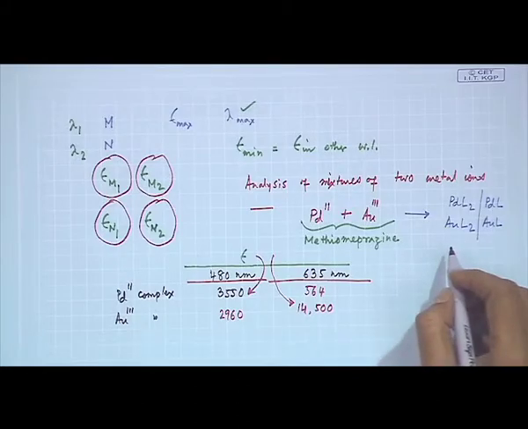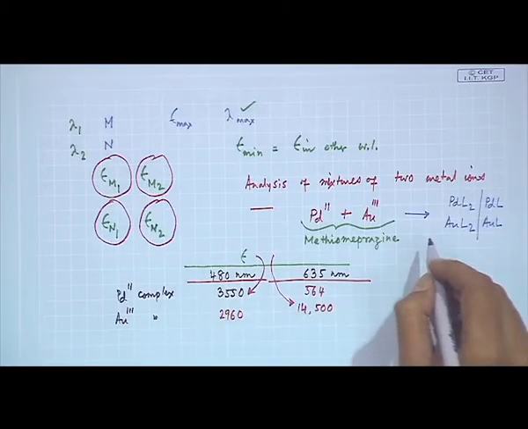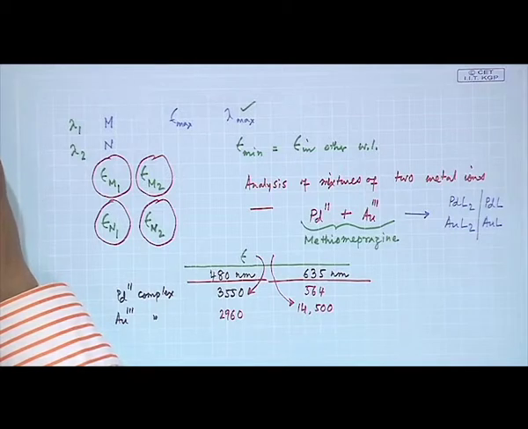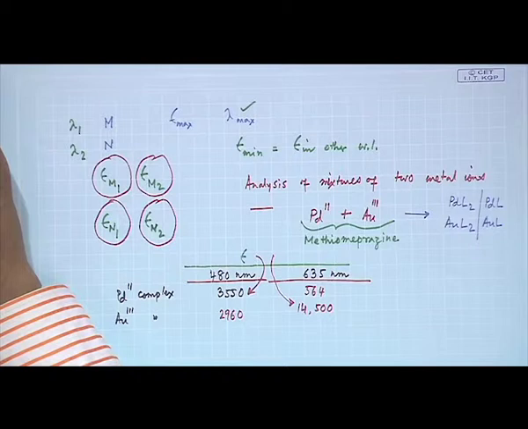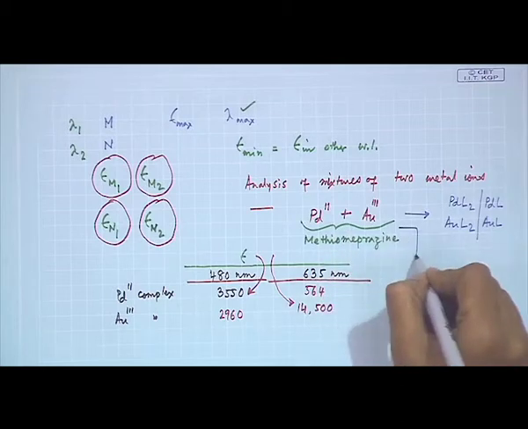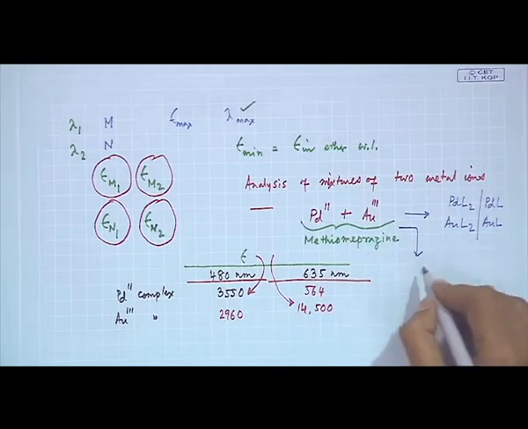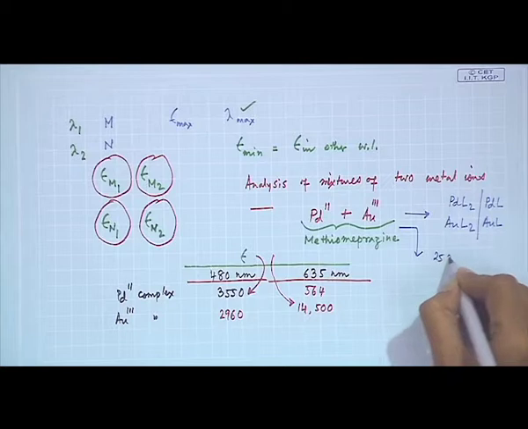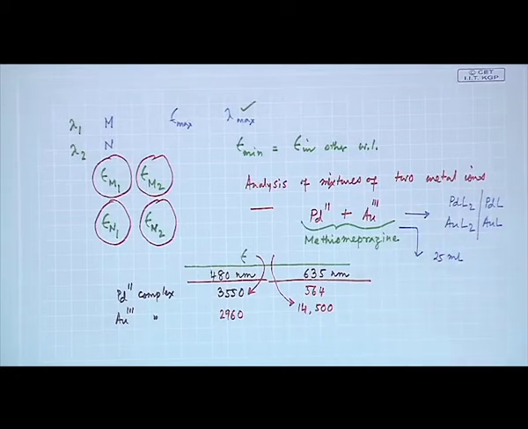So, you have the corresponding mixture, and this mixture is taken, and we will be able to measure the total absorbances A1 and A2. So, in a mixture of these two, we take 25 milliliter solution of this reagent.